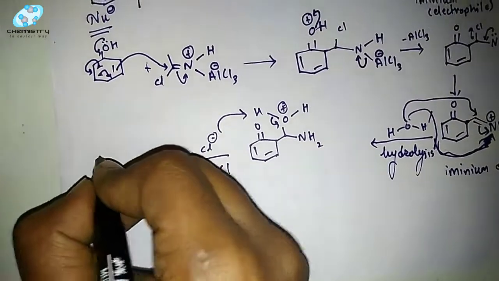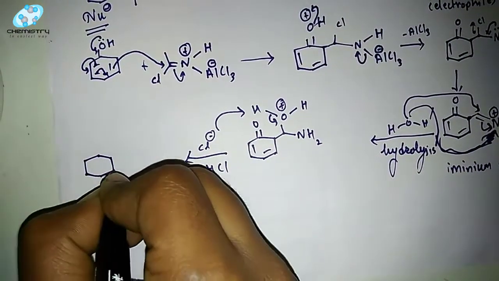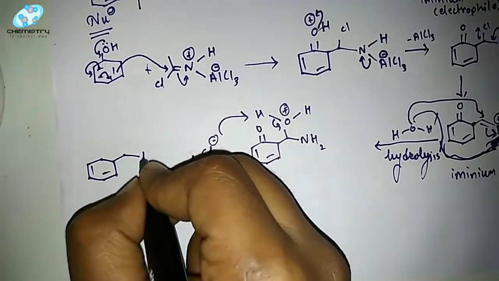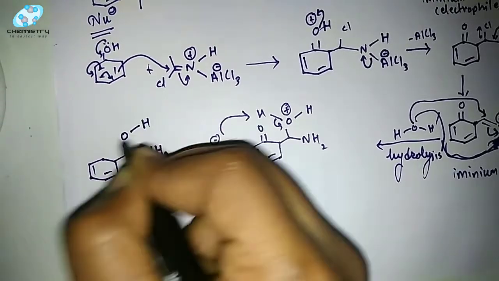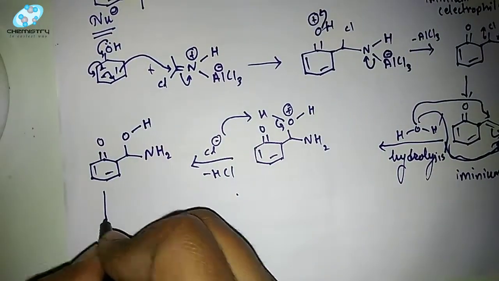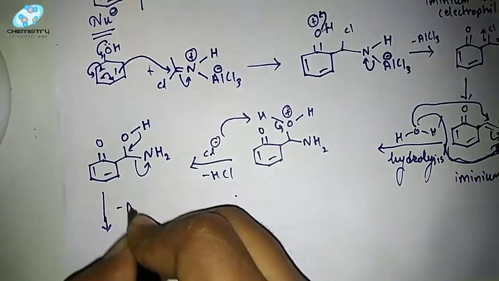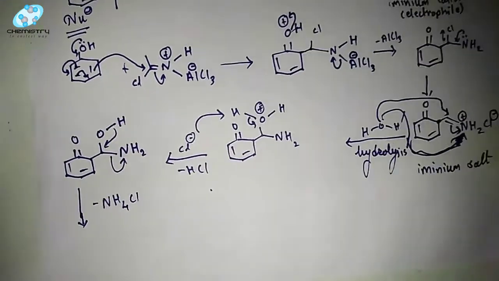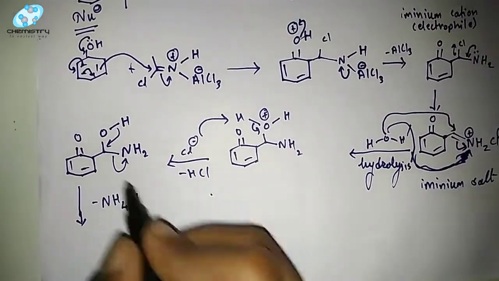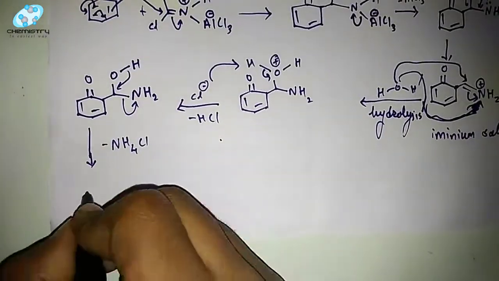So with minus of HCl, you will get OH at that position, H2OH. Okay, so here the carbon has 2 electronegative atoms, so they can't be stable. So with minus of NH4Cl. So how does NH4Cl come?